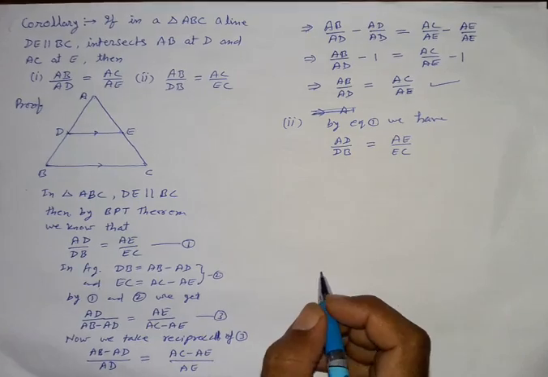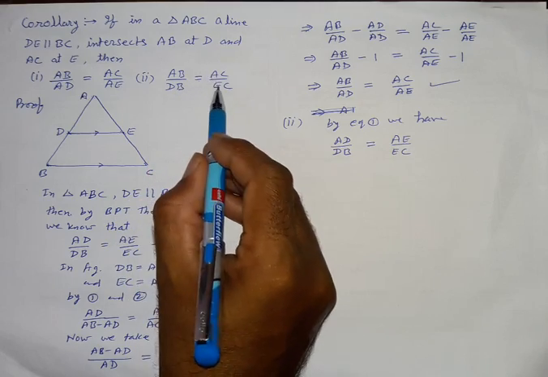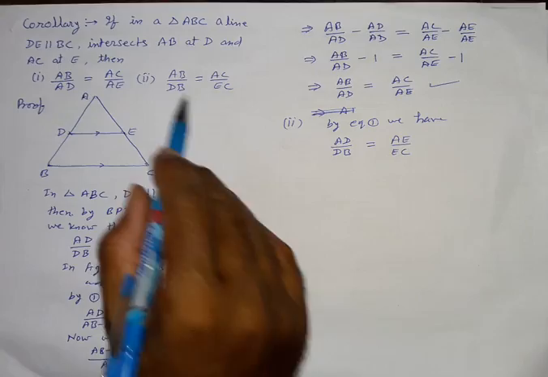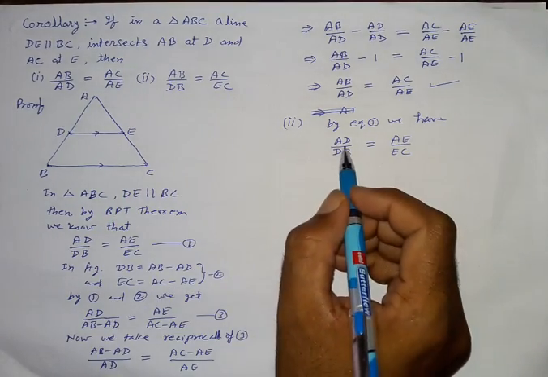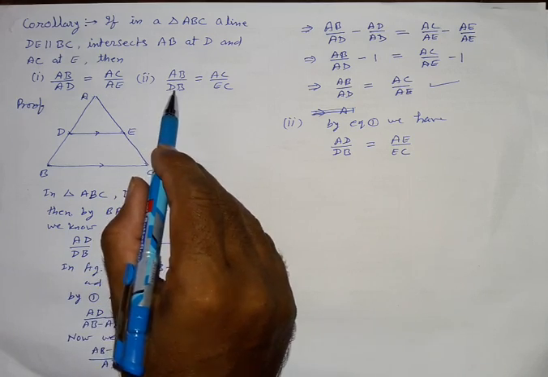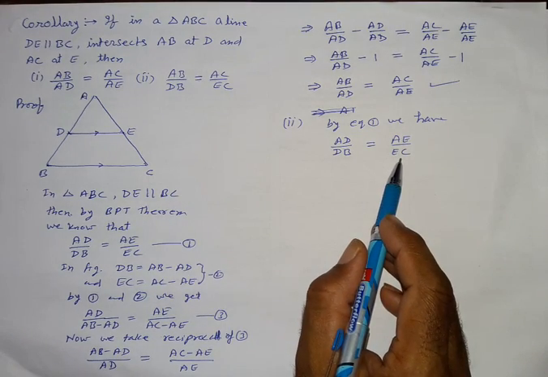And now here we have to prove that AB upon DB is equal to AC upon EC. And we see the difference in these two results. Here the same thing is, here is DB and here is DB. Here is EC and here is also EC.